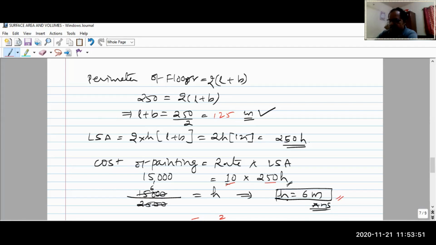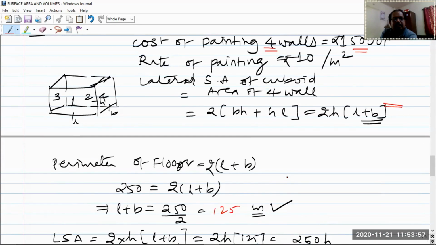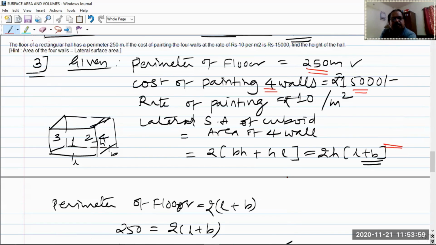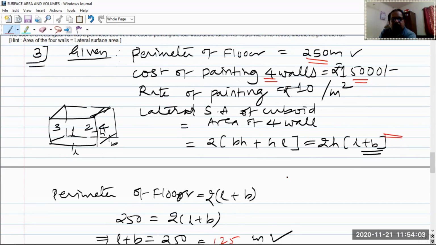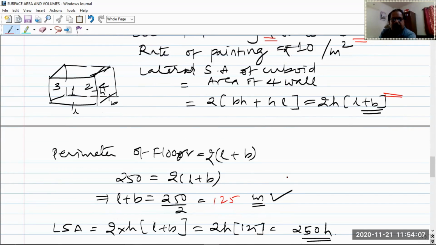So hope everyone understood this example, right? So we'll just see what we discussed here and how we solved it. As we are given the perimeter of the floor, using that we calculated L + B. Then using the formula for the lateral surface area, we got it in terms of H, as L + B is 125 meter.